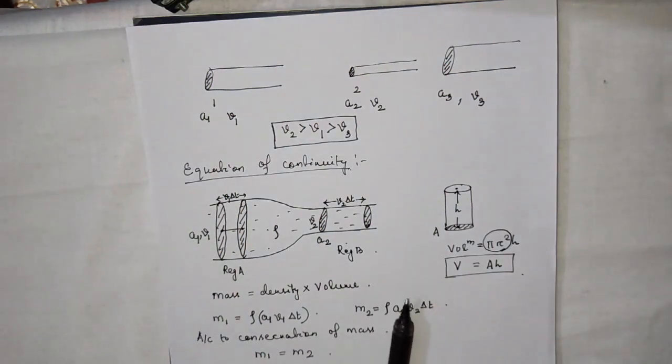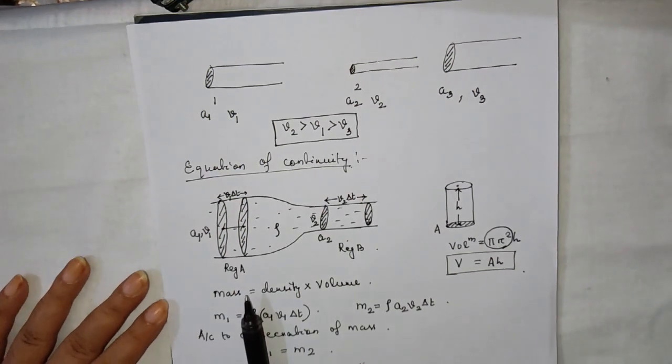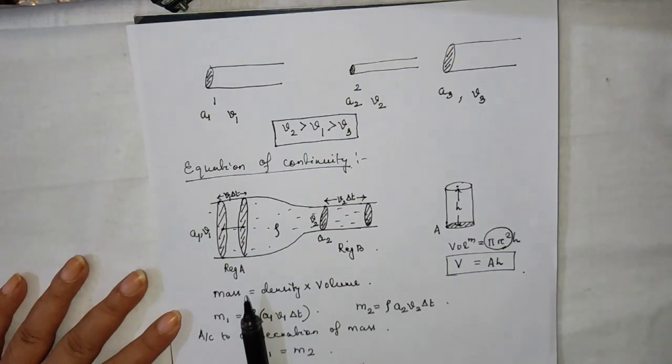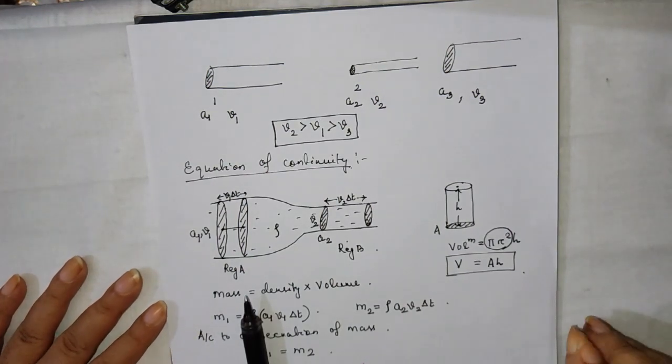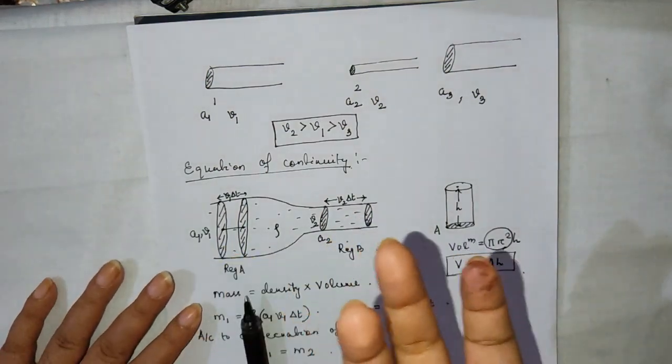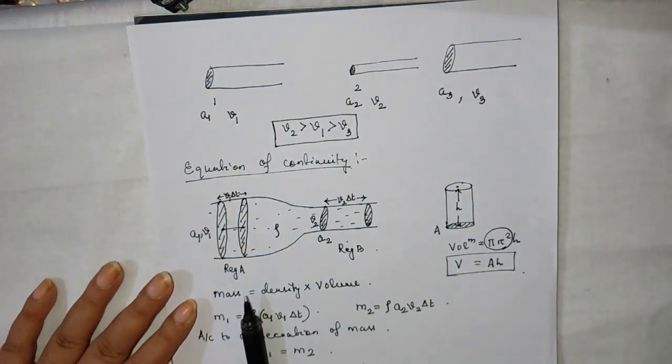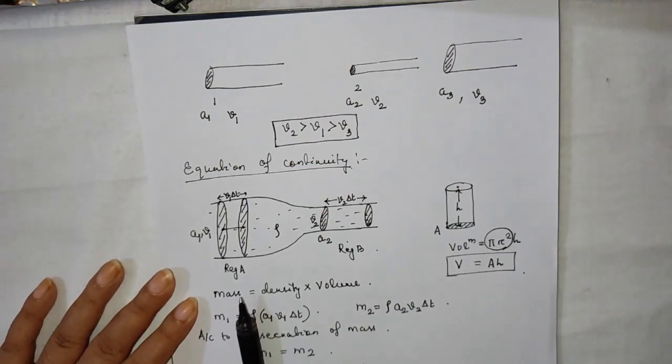So this is a very important observation, and I think most of you are using it in daily life, but unknowingly that you are using physics. How? I am just telling you. Some of you must be washing the car or washing the floors outside your home by using a pipe.